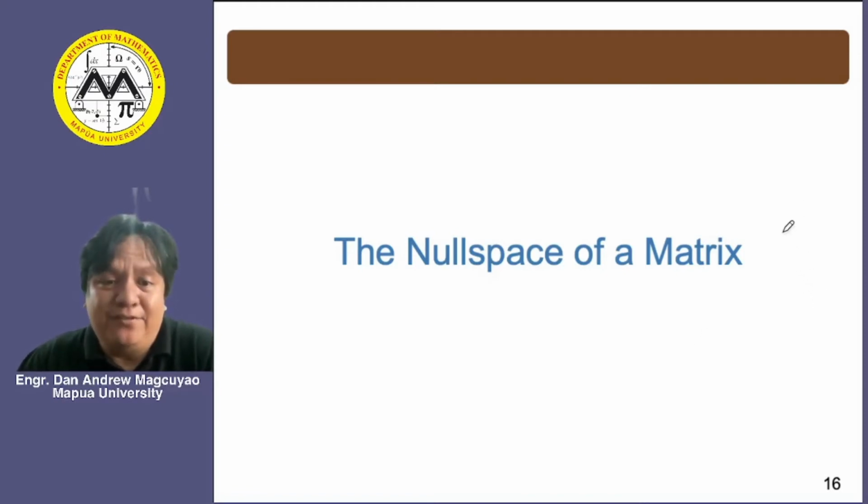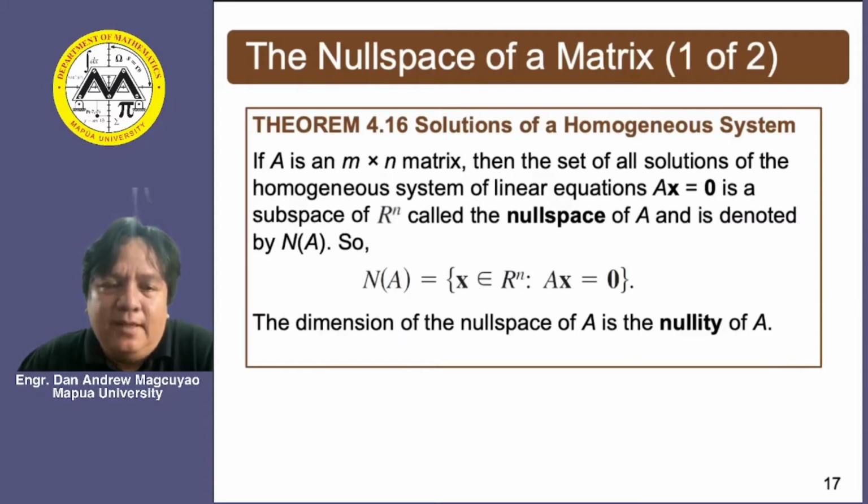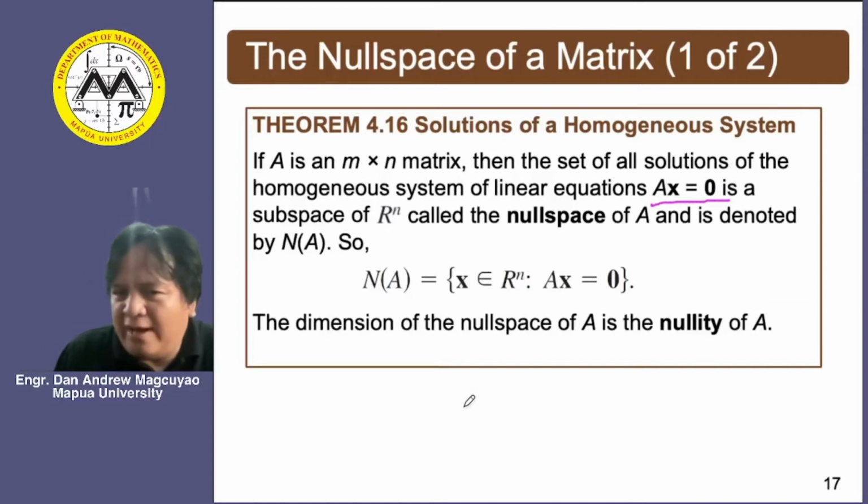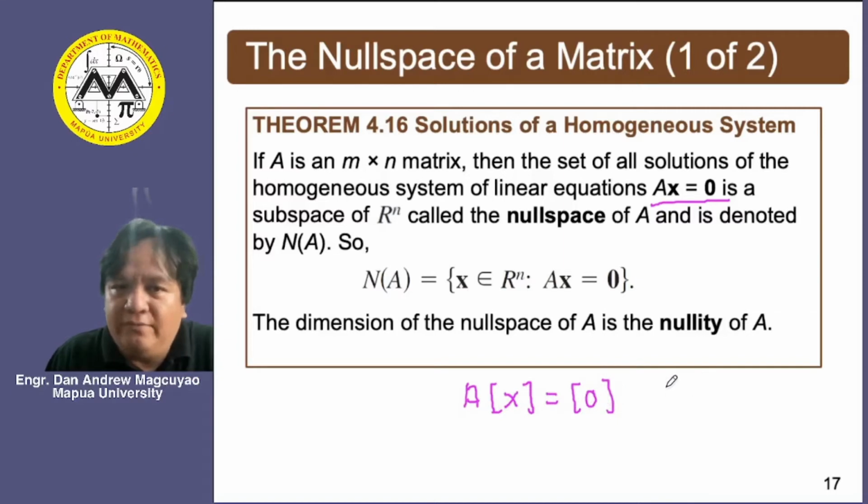The null space of a matrix. If A is an m by n matrix, then consider the set of all solutions of the homogeneous system of linear equations AX equal to 0. You have your matrix A; if you multiply it by the vector of unknowns X and equate that to 0, we have a homogeneous system.